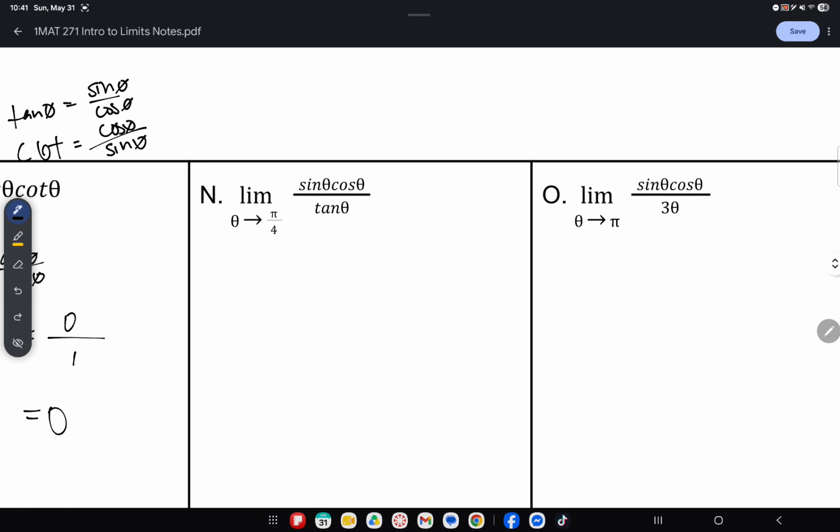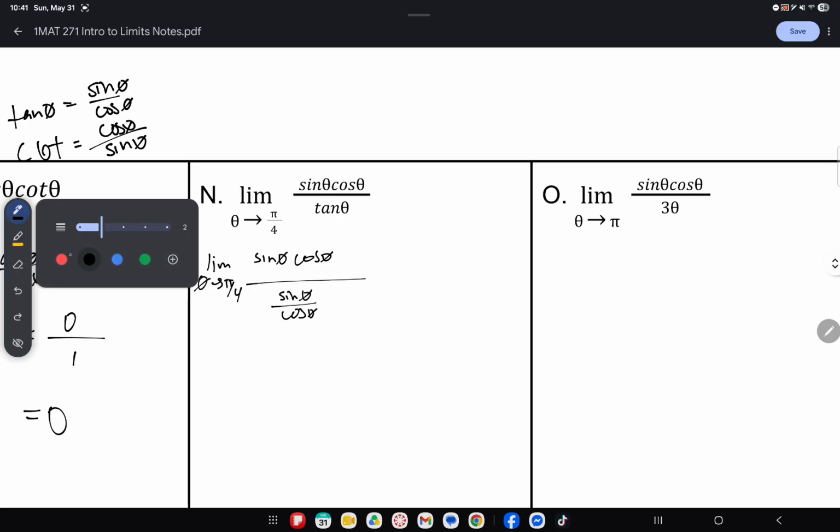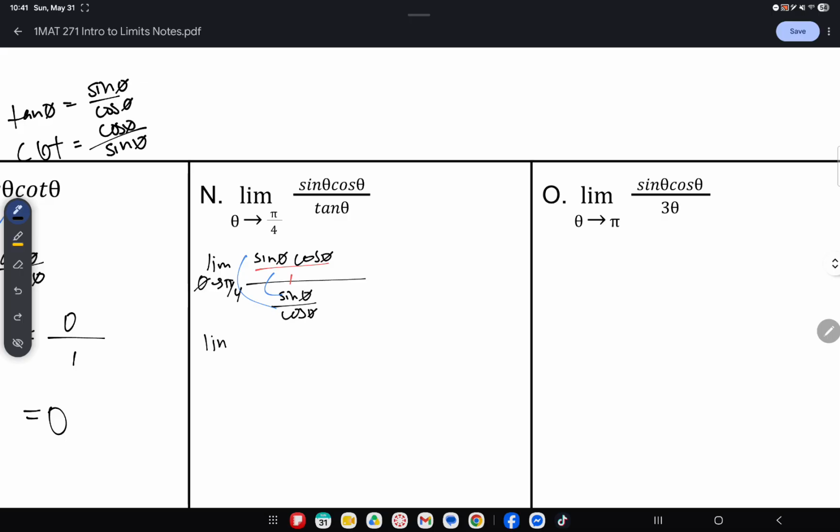All right, let's rewrite tangent as sine over cosine. So we have the limit as theta goes to pi over 4 of sine cosine over sine over cosine. I'm going to do my big C over little c because I'm going to make that top one a fraction. Big C, little c, to get sine cosine squared over sine.